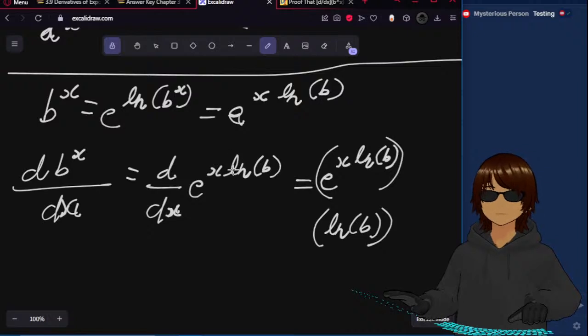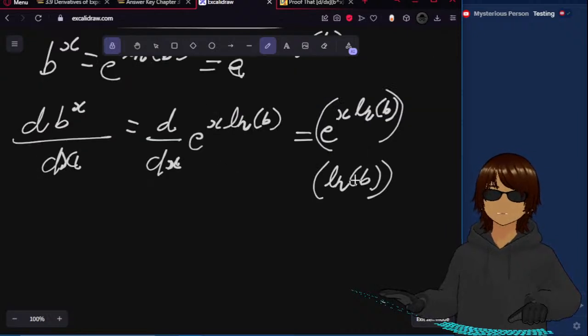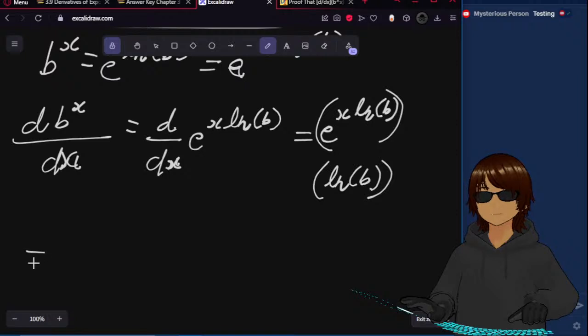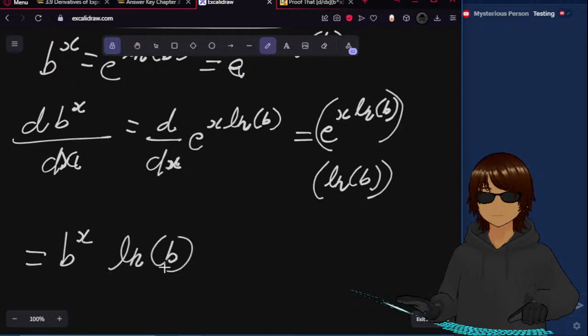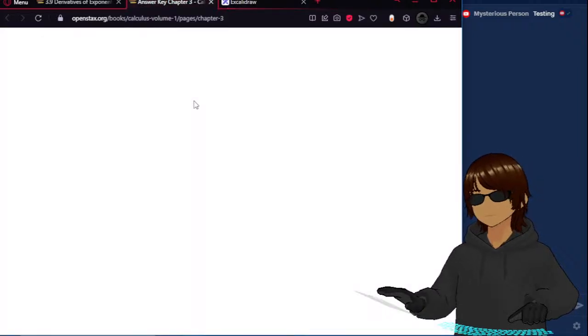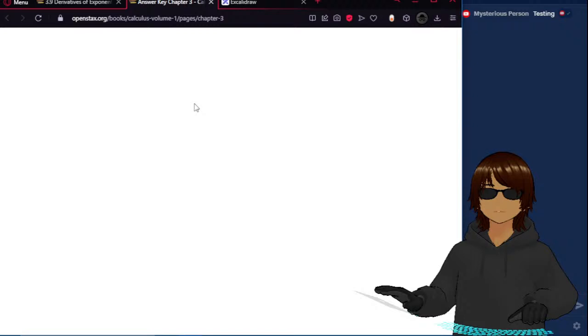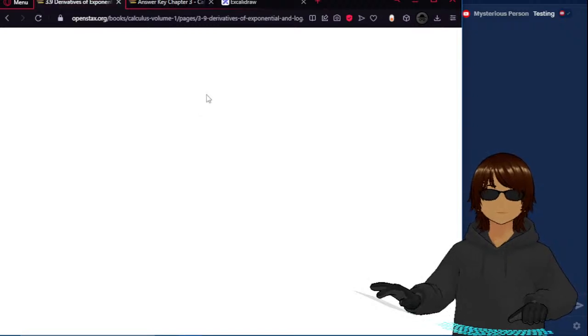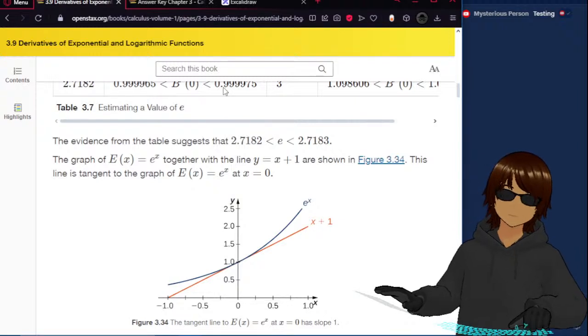And yeah, the derivative of x ln of b is ln of b. So then this is equal to, we simplify this. Now going back, wait, hold on.